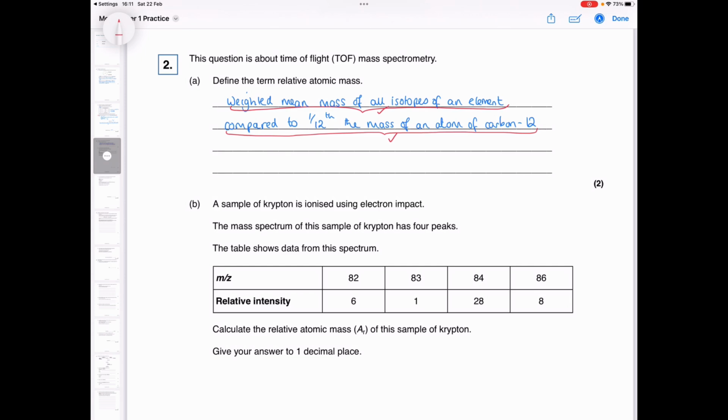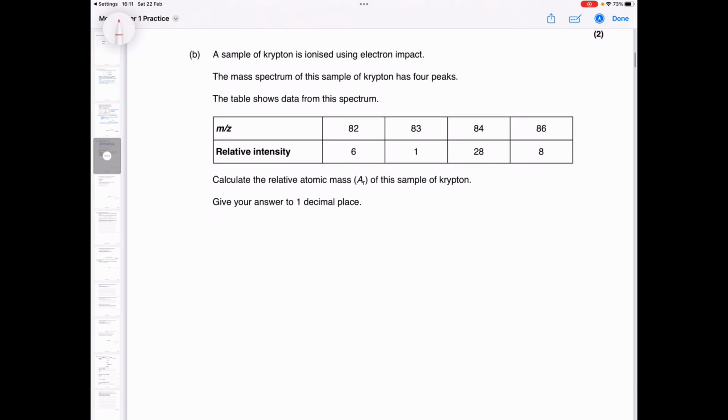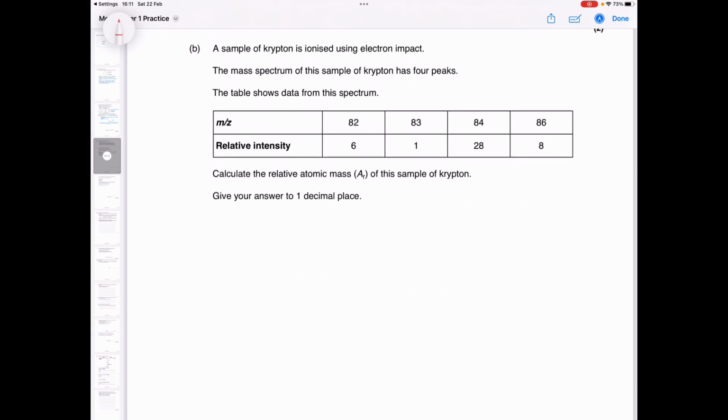So the mass spectrum of this sample of krypton has 4 peaks. I've been given all of those. The table shows data from the spectrum. Calculate the relative atomic mass of this sample. So we've been given the relative intensities of the peaks. We do not need to convert them into percentages. We can just use the relative intensity.